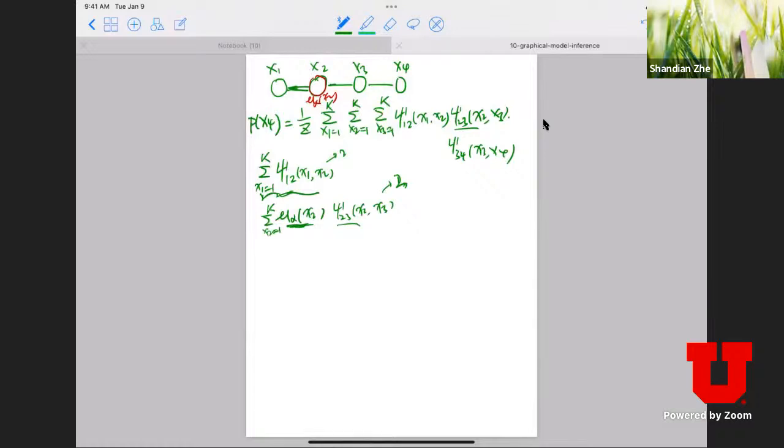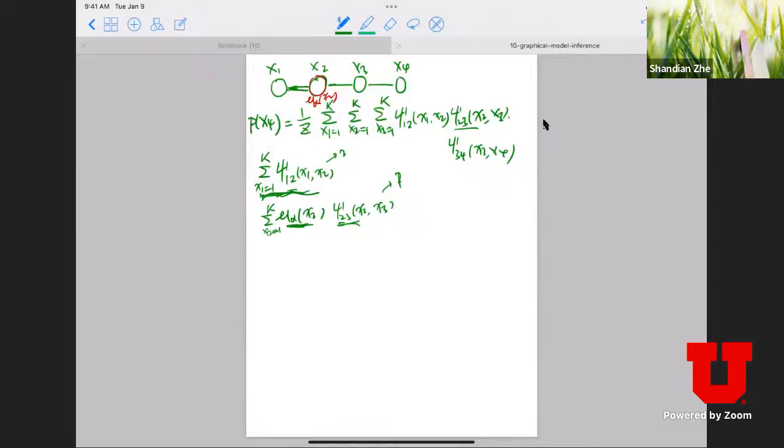It's just the application of the distributive law, right? If you do this naively, you can imagine you have to repeatedly compute this inner summation for different x3 values. Like if x3 equals 1, you multiply this guy with this inner summation and do an inner summation. When x3 equals 2, you change this value, but at the same time you have to recalculate this whole inner summation again.